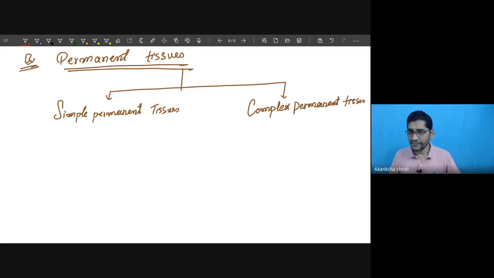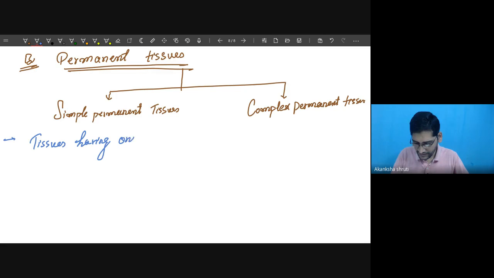Students, the simple permanent tissues are those tissues which consist of only one kind of tissue, one kind of cell. It is not only one cell but one type of cell, only one kind of cell.